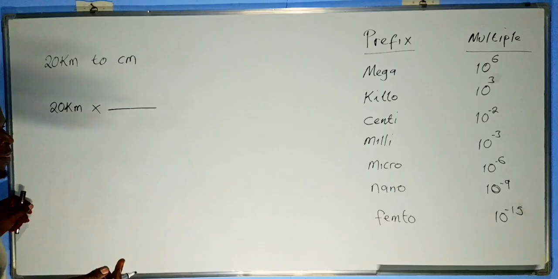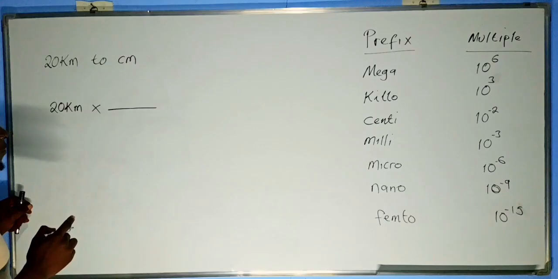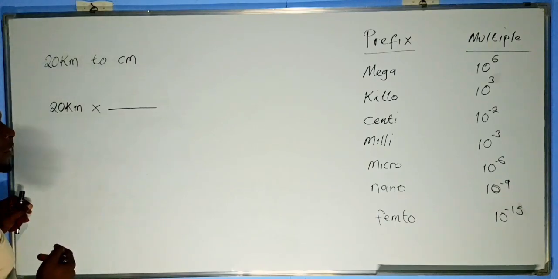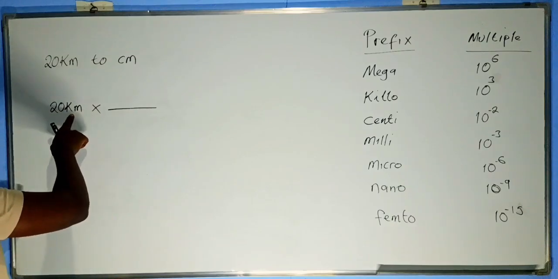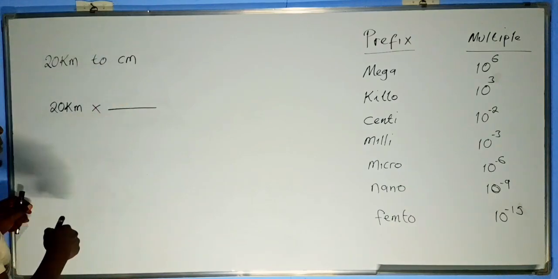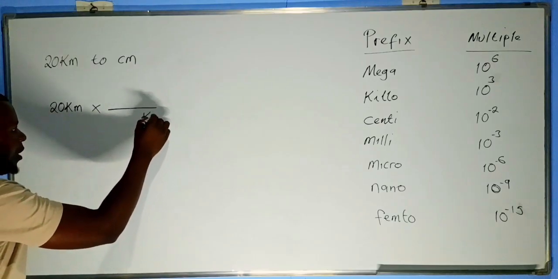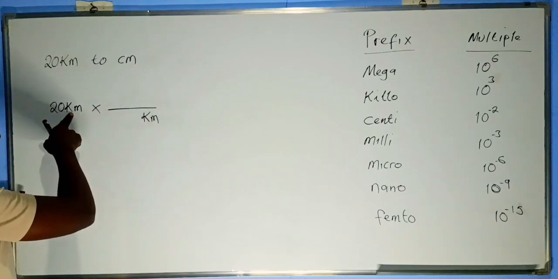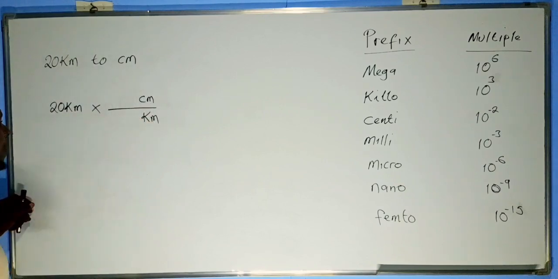How do we know that this one must be on top, this one must be down? Now, the unit you want to get rid of should be set in a way that it will cancel with the other unit that you have. For example, we have kilometer here and we want to get rid of kilometer and remain with centimeters. So we're going to put our kilometer here so that it can cancel with this kilometer, and then our centimeter will be on top so that it can remain.